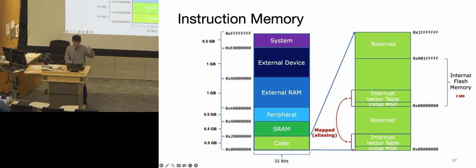But for the class, or for most of the systems, we assume that whenever we start the program or whenever we reset, the main stack pointer goes to 000, and then the interrupt vector table will be on top of that.